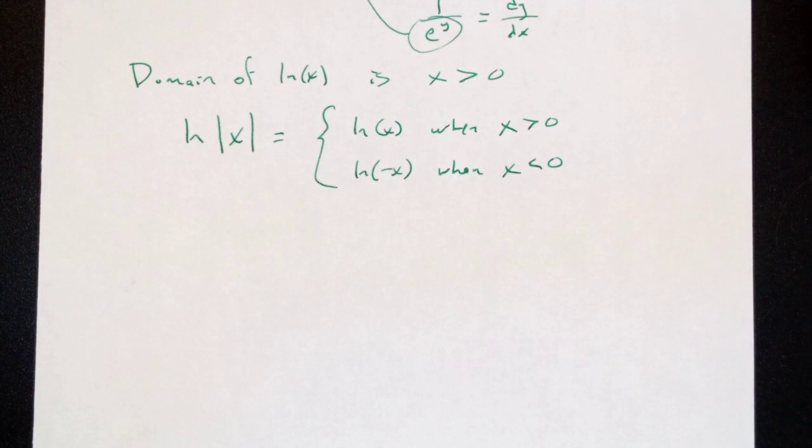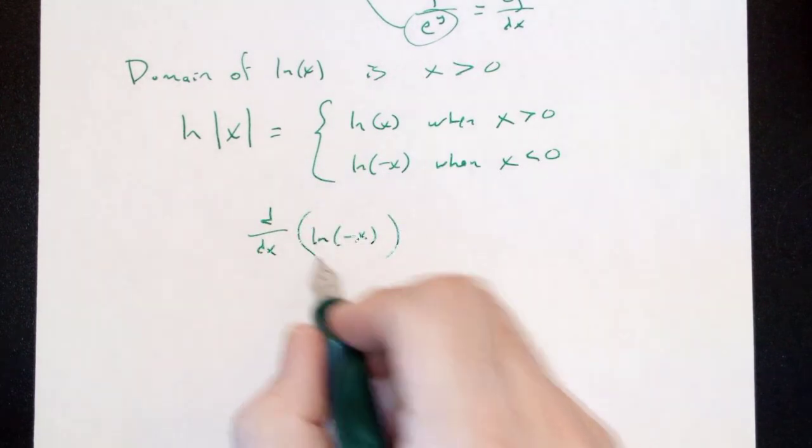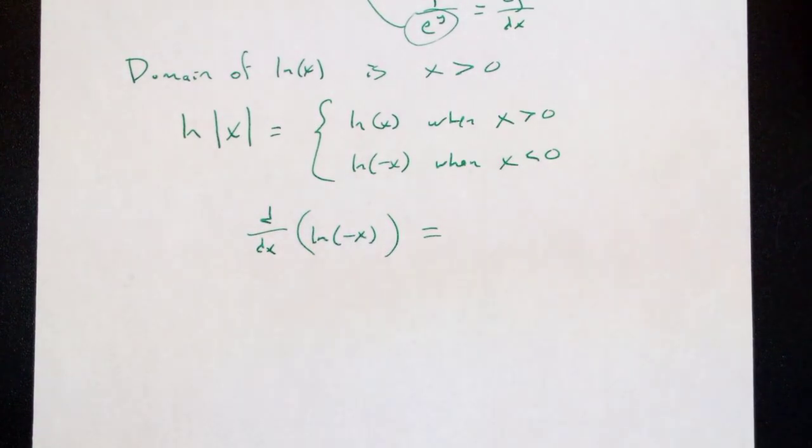We just defined the derivative of ln of x. How do I do the derivative of ln of minus x? It's ln of stuff. That's my chain rule again. It's not just an x inside those parentheses.